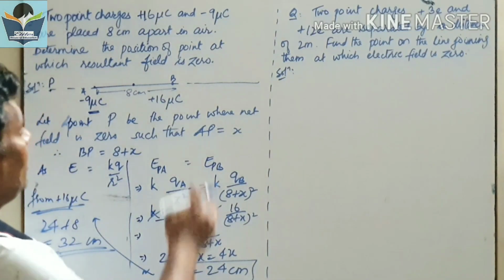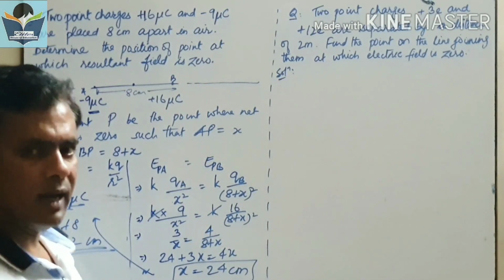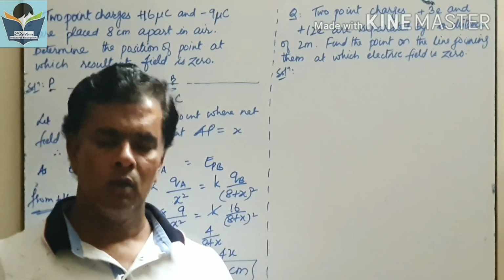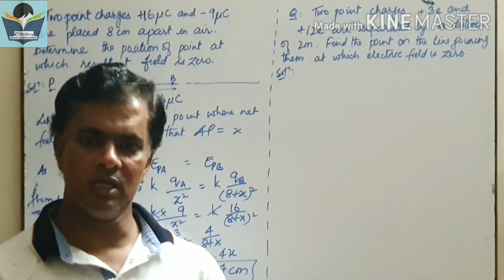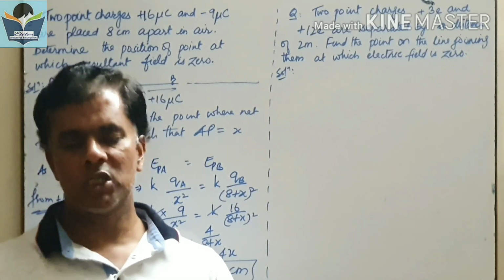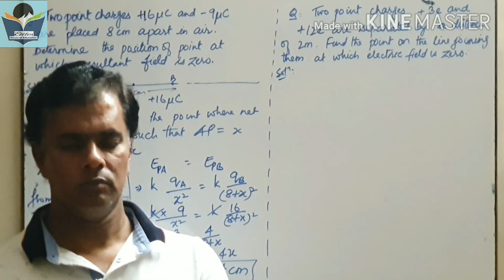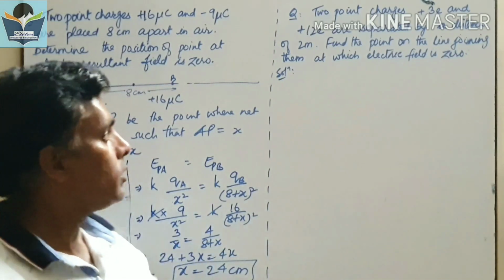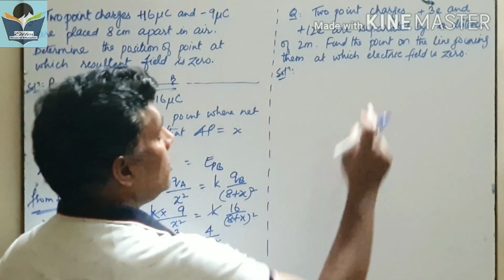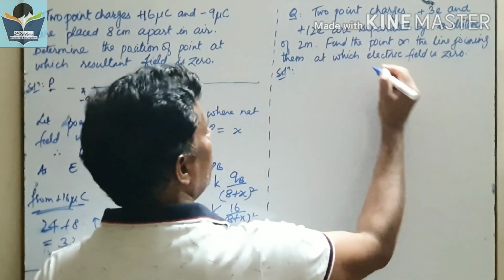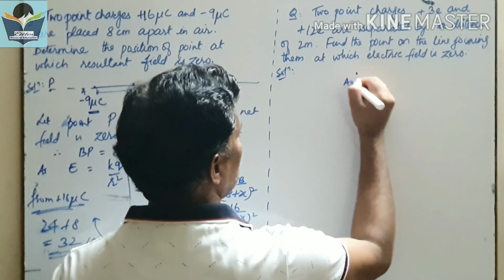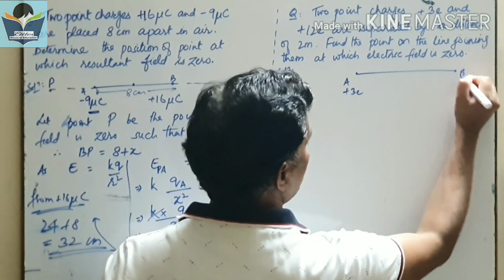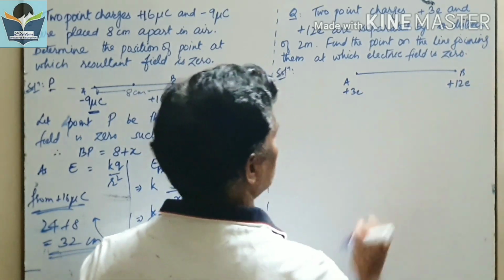So remember that when the charges are unlike, the balance point will be somewhere on the outer side of the line between the two charges, and the balance point will be closer to the smaller charge. On this side, the charges are plus 3e and plus 12e. This is the charge plus 3e, and this is the charge at B, that is plus 12e.